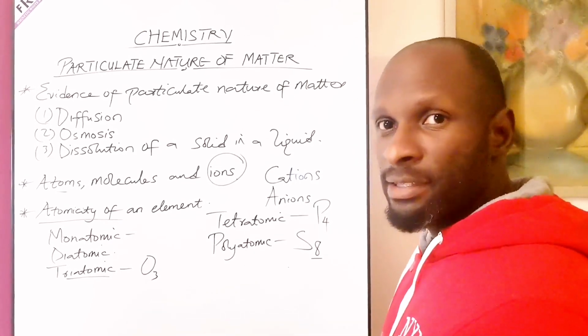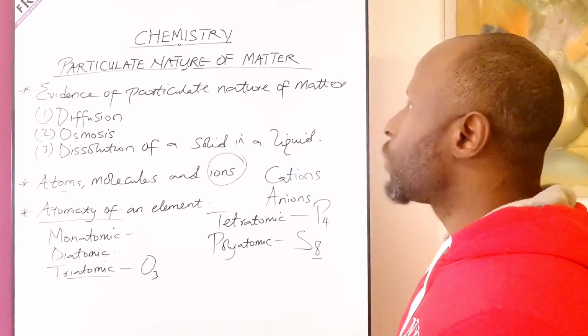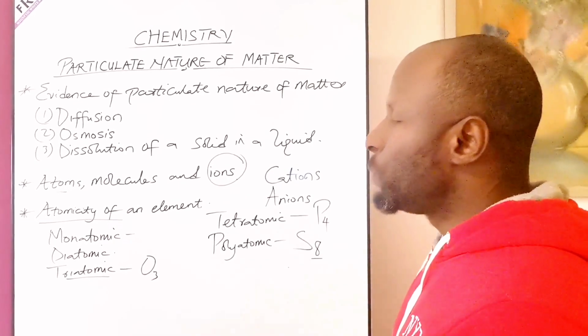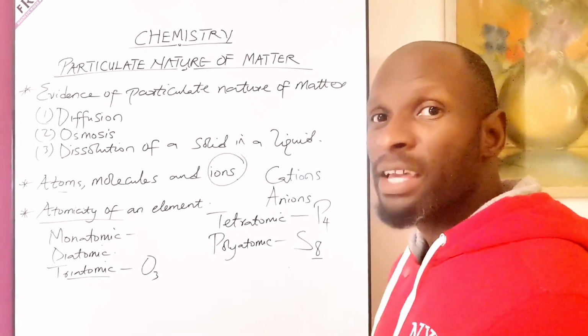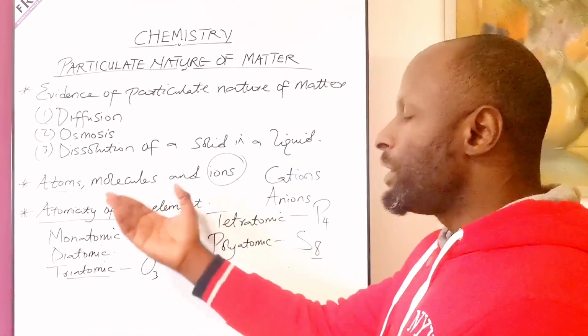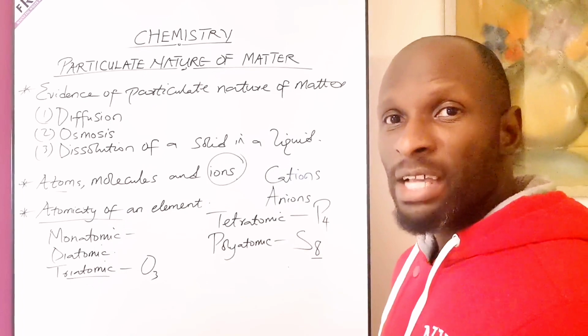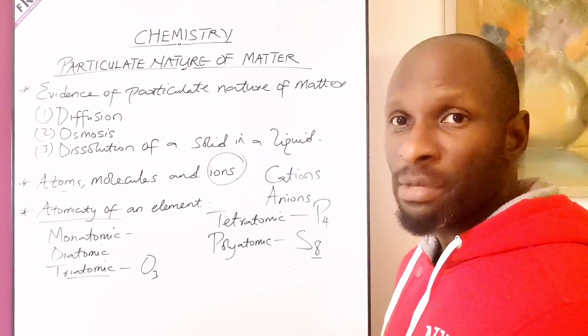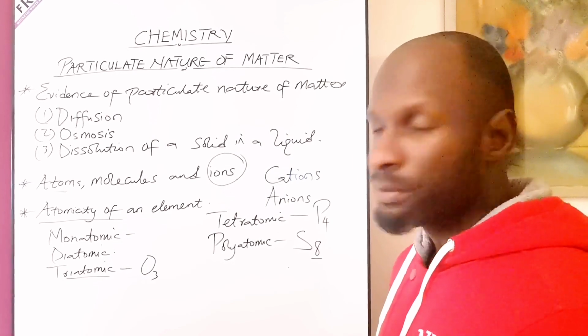To wrap up this lesson, I said some evidence of the particulate nature of matter are diffusion, osmosis, and the dissolution of a solid in a liquid. Okay? Good. We define atoms to be the smallest particle of an element that can take part in a chemical reaction.